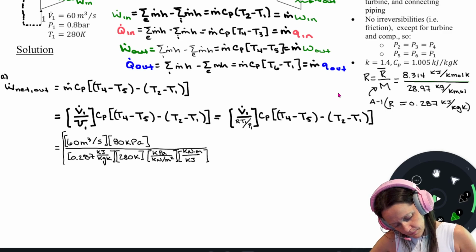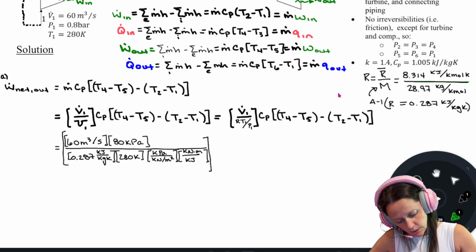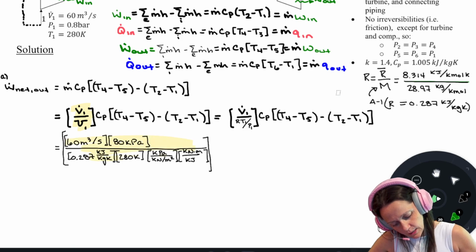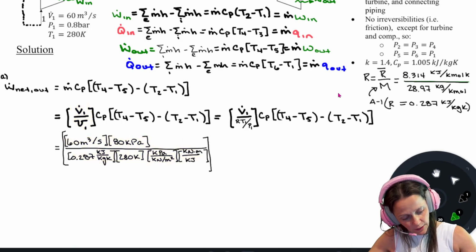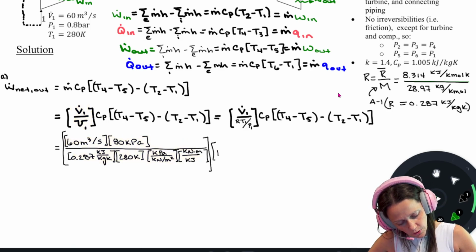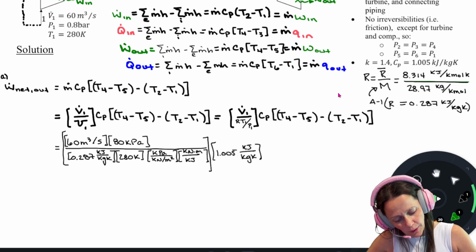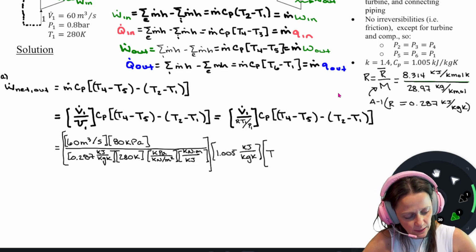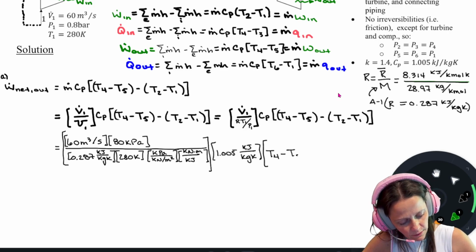And then you've got your CP, so 1.005 kilojoules per kilogram K. I haven't found those temperatures yet, so I'll just put them here, T4 minus T5 minus T2. I'm going to distribute that negative K.